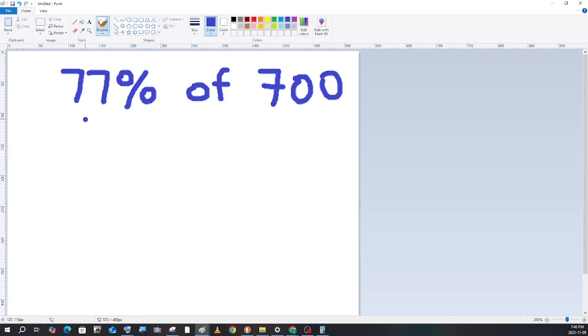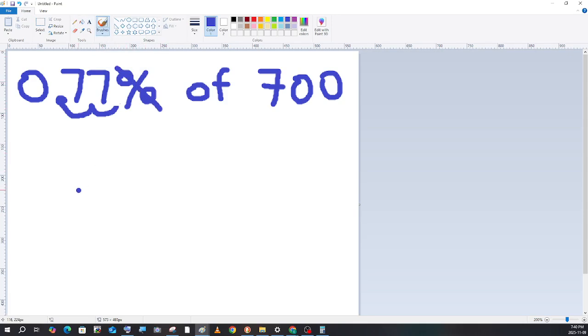Just like before, I'm going to convert my percentage to a decimal. I'm going to pretend it's a whole number, put a dot there after the second 7, and that dot's going to move 2 spaces to the left. I'm going to put 0 in front, erase the original dot, and put a slash through the percentage sign because it's not a percent anymore. Now it's a decimal.